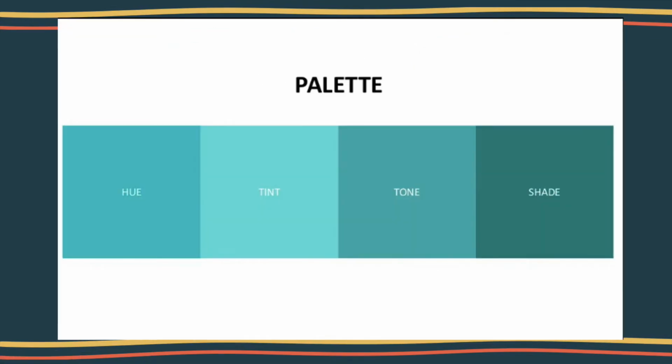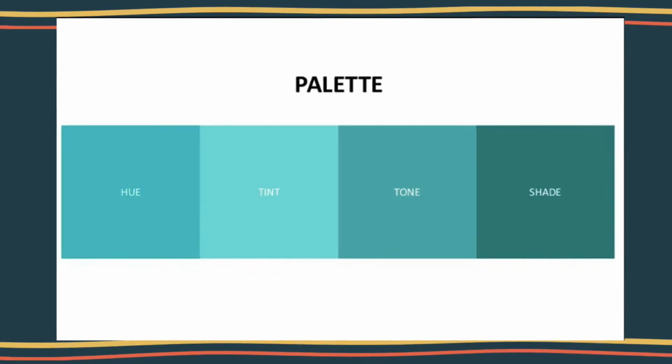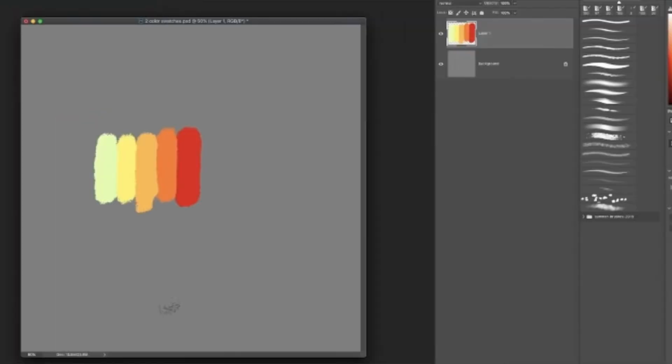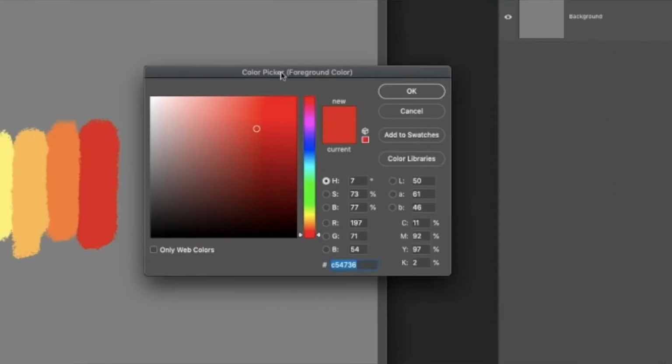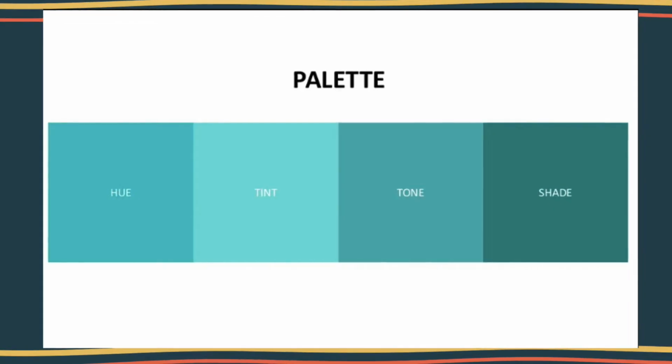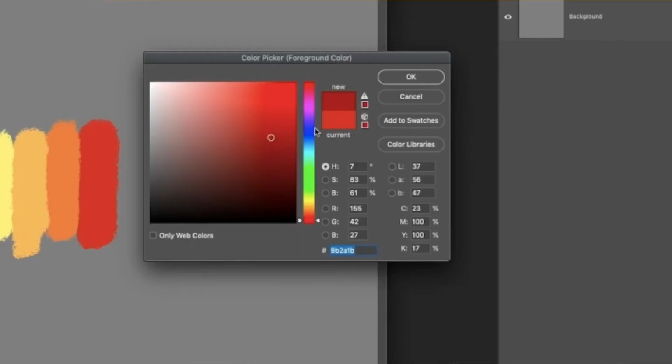So by identifying what is tint, tone, and shade, you can now create your own color palette. So what is a color palette? A color palette in graphics is important because it's actually a tangible component of your design. That is the first thing that people notice in your design.